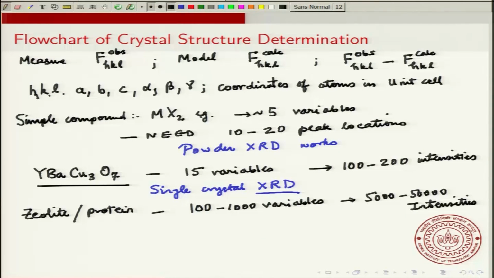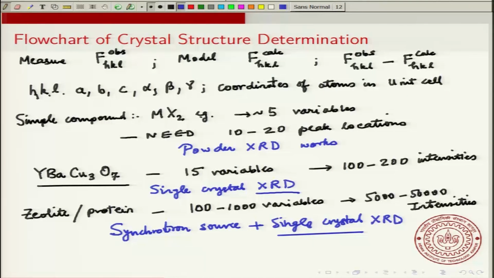And here you have to use a synchrotron source plus single crystal XRD. So, you have to use a single crystal X-ray diffractometer, but you have to use a synchrotron source of X-ray radiation. So, the intensity is very large, and you can detect a lot of peaks.